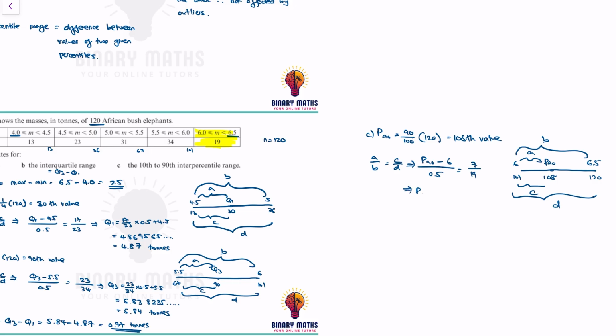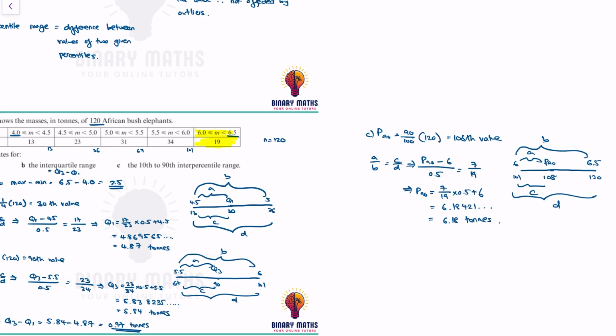That implies P90 is equal to 7 over 19 times 0.5 plus 6, which is equal to 6.18421, which is 6.18 tons.